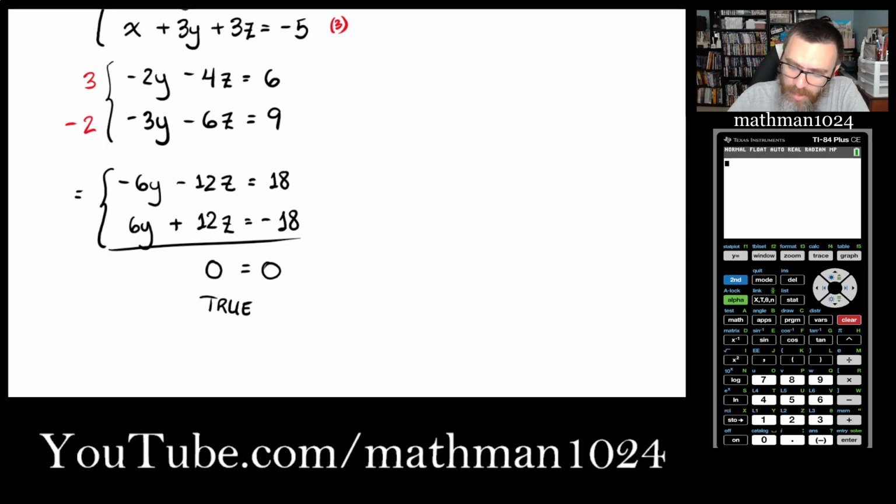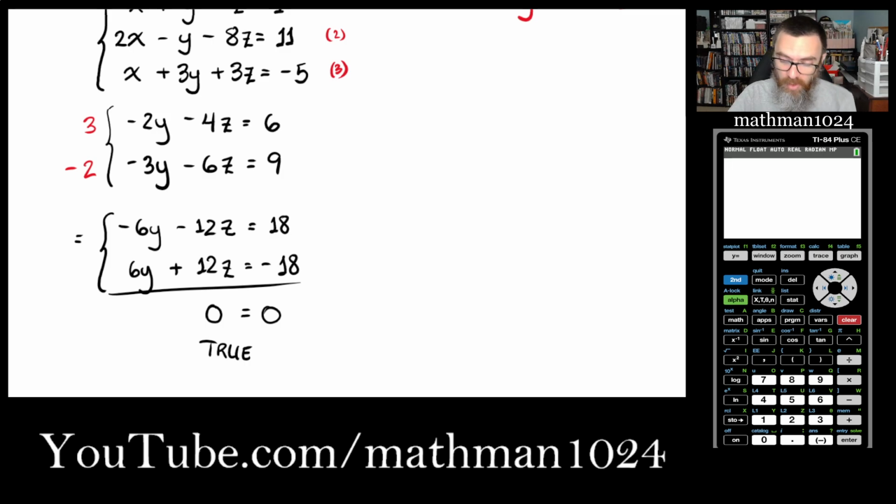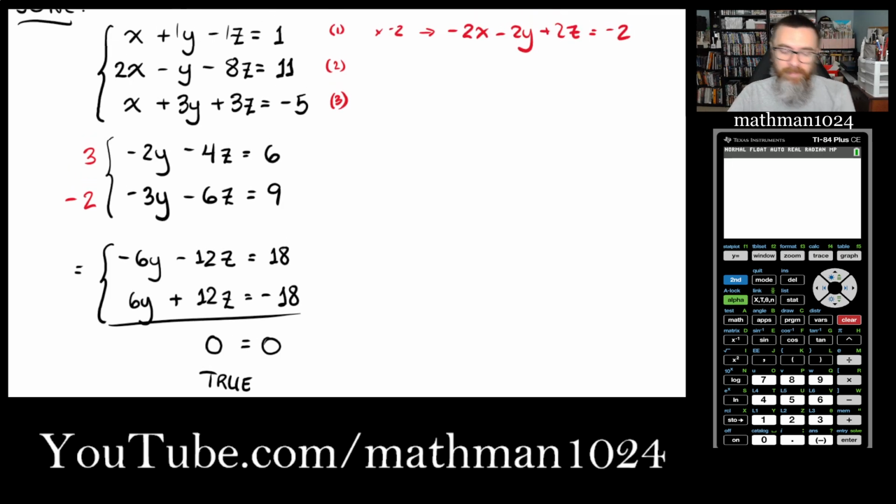So very similar to what we did when it was just two equations and two unknowns, you're going to pick one variable and you're going to let that one be the main variable, and you build everything else off of that. So I would say let z be any real number. Well, then I need to figure out what y is in terms of z.